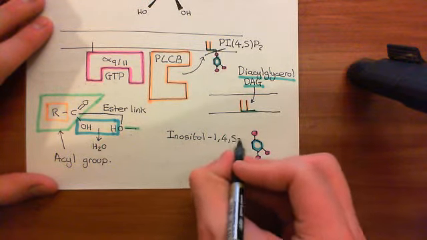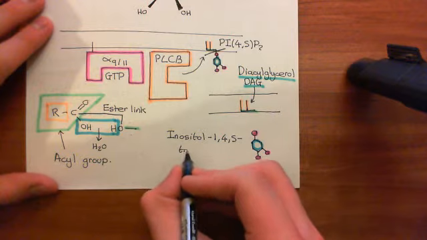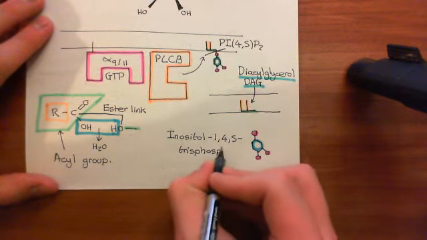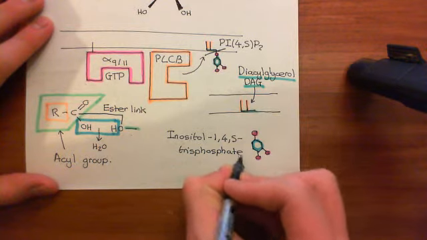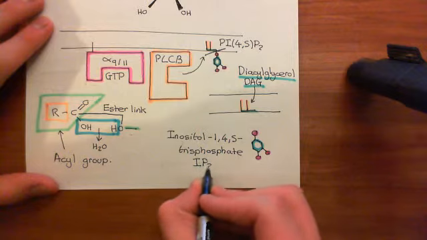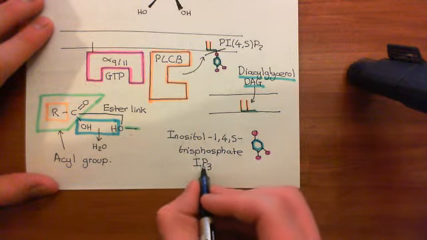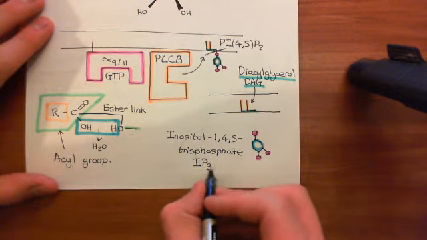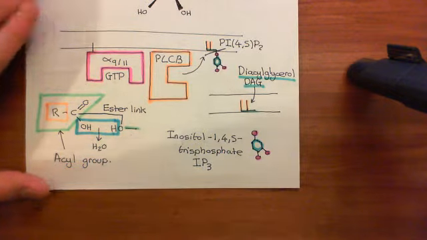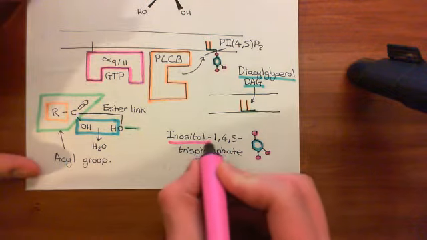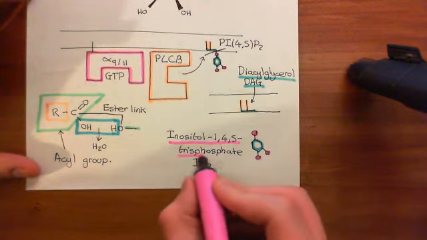Inositol 1,4,5 trisphosphate. And for short, inositol 1,4,5 trisphosphate molecules are often abbreviated to IP3 molecules. I for inositol and P for phosphate, and then the 3 is for the trisphosphate. Okay, right, so this is an extremely important signaling molecule, IP3.